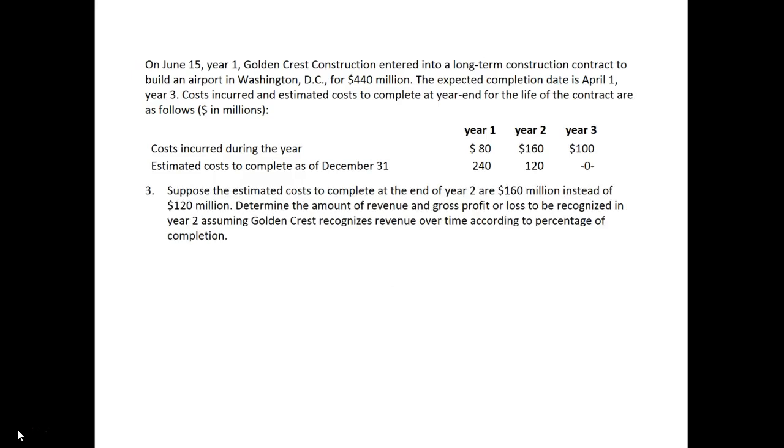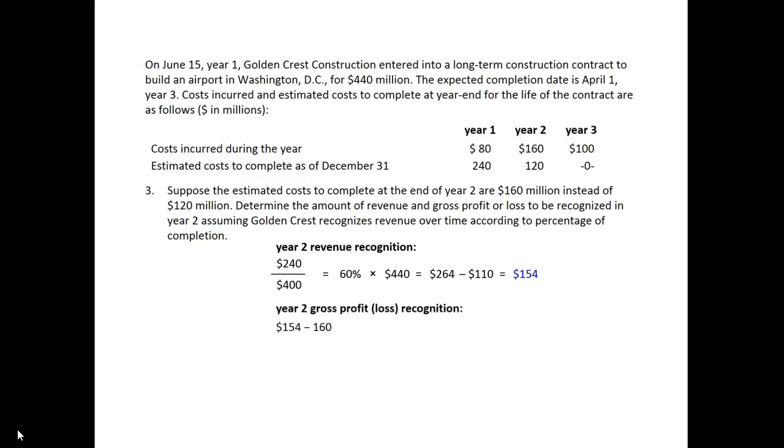Now it's telling us in year 2, instead of the $120 million, what if the estimated costs are $160? So we would take the $240, divide that by the $400, which is our new revised estimated costs, and we would show 60% has been completed, times the contract price, shows our revenue recognition of $264 million to date, minus what was recognized in year 1 to give us the revenue for year 2.